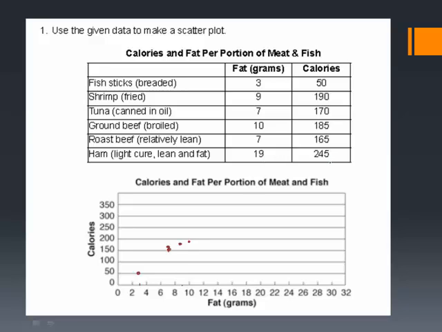And then I have 19 and 245. So 19 is here, and 245 is right at the base of the 250 line. Now, it doesn't seem very scattered, but you can also see that it's not in a straight line, and that's what makes it a scatter plot.